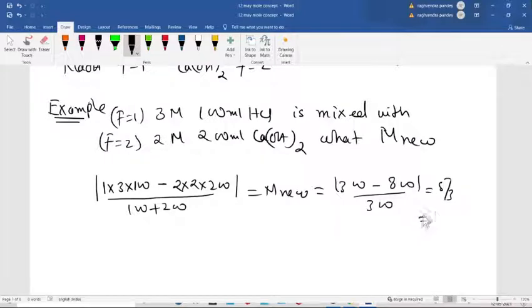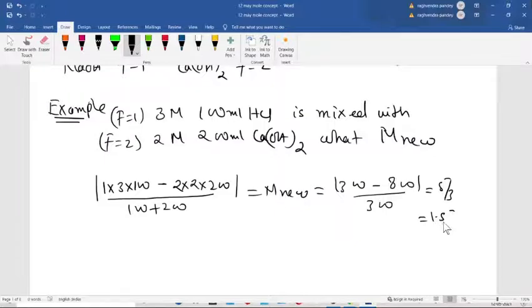That will be 1.66, so approximately that. It is not exactly 1.5, approximately.